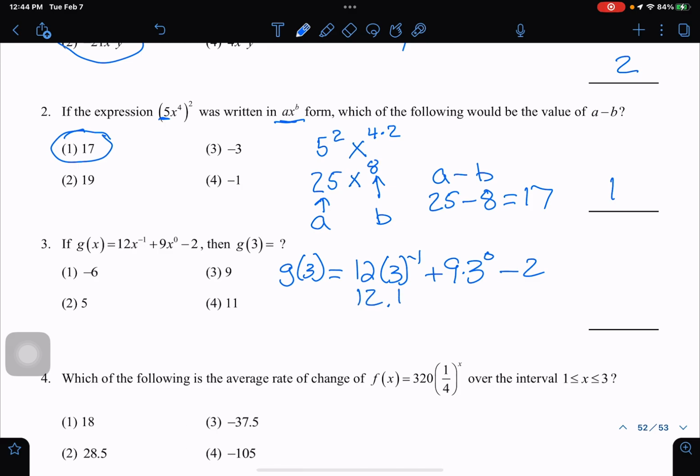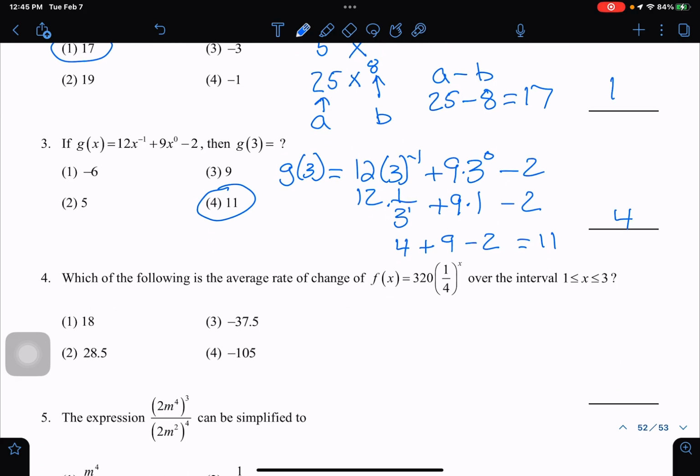So it's 12 times 1 over 3 to the first, which is 1/3. And this 3 to the 0 means anything raised to the 0 power is 1, minus 2. So now you really have 12 divided by 3, which is 4, plus 9 times 1, which is 9, minus 2, which is 13 minus 2, which is 11, which is choice number 4.